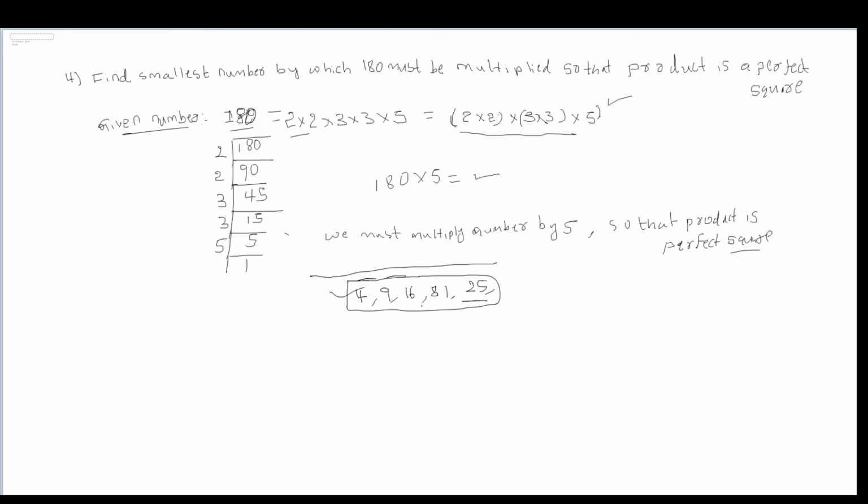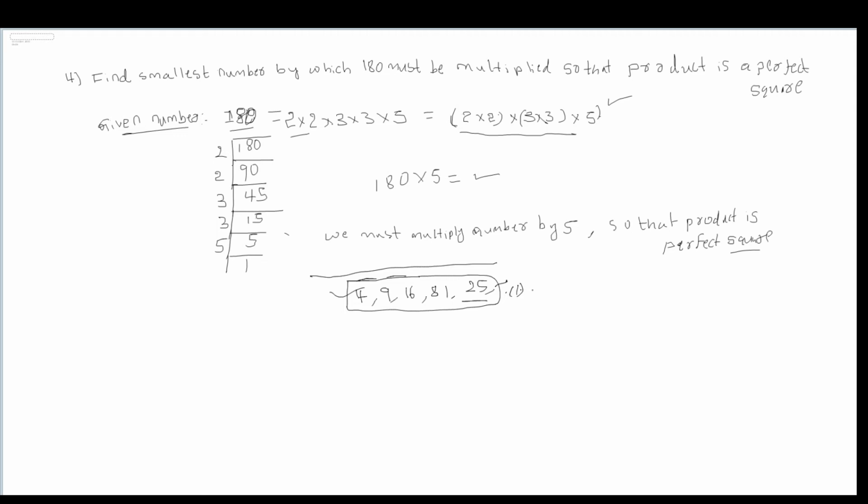But whenever there is a big number, like a 3-digit or 4-digit number, by looking at the number you cannot say. To say whether it is a perfect square or not, you have to follow some steps.